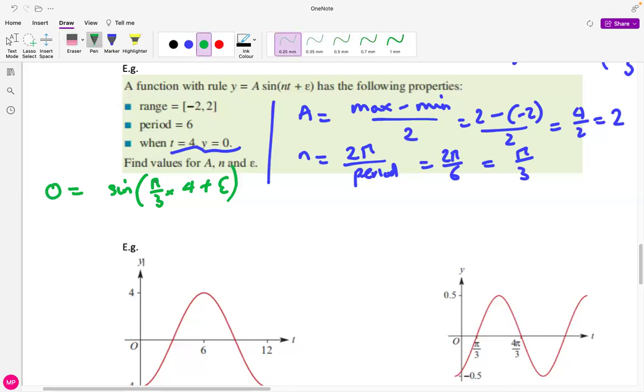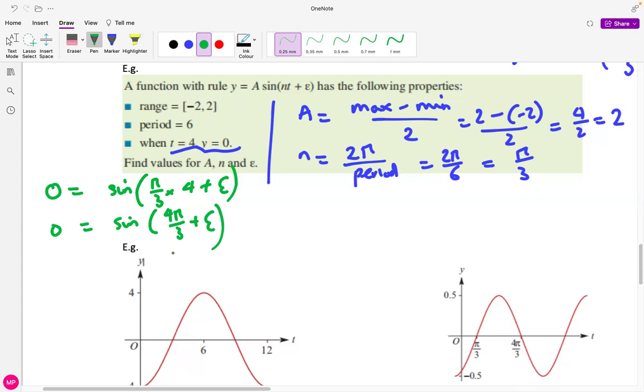Now, to simplify this, pi over 3 times 4, I can rewrite this as 4 pi over 3 plus epsilon. Okay. Now, there's many answers for this because if you think of exact values, there's many angles that give you sine equal 0, but we can just pick one.